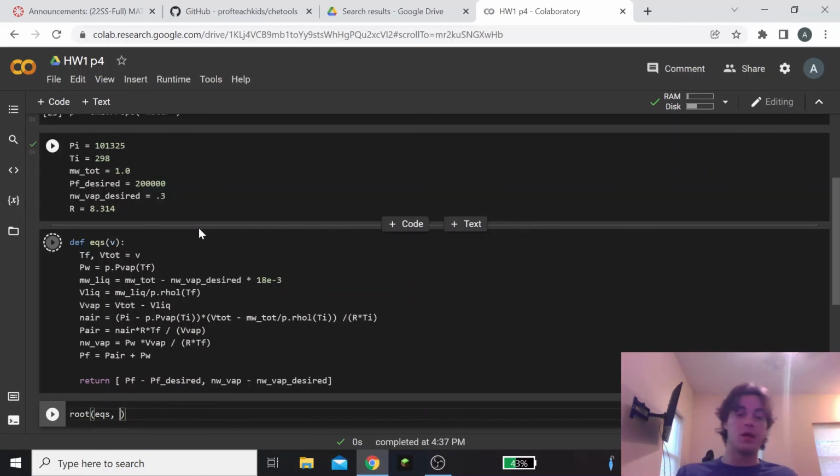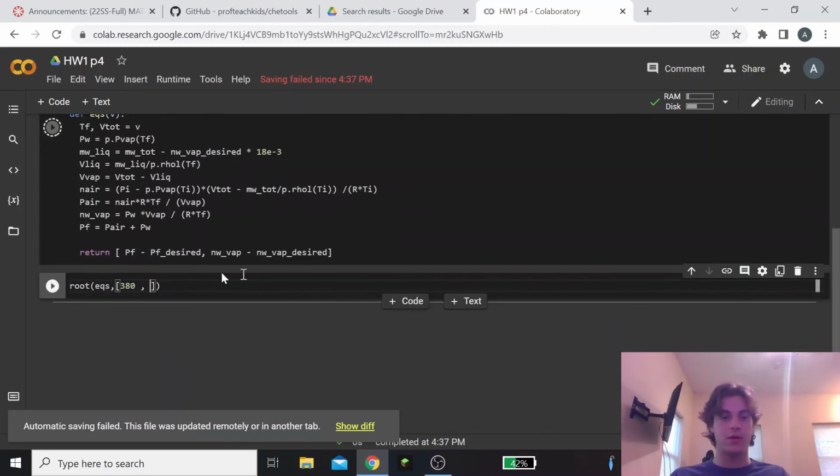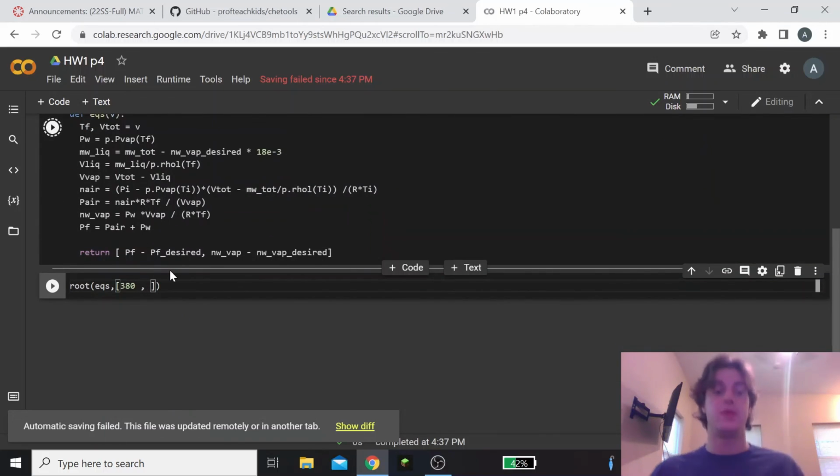For our initial guess, I'll do maybe 380 degrees Kelvin, and let's try half a meter cubed for the volume.